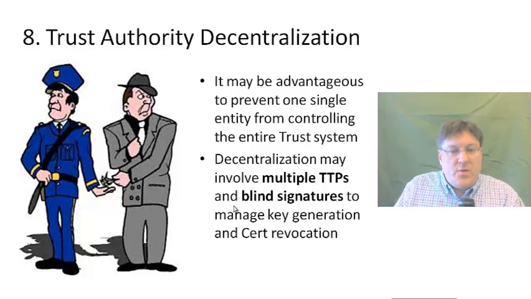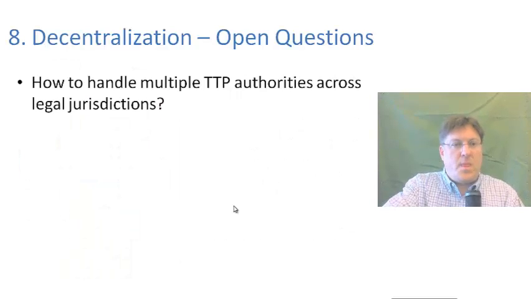A lot of researchers have suggested decentralizing the trust system so that there are multiple trusted third parties involved in issuing one of these signatures, and that there are blind signatures, distributed key generation, and distributed certificate revocation, so that no one authority has total control over the trust system. Problem again, how do you handle that?